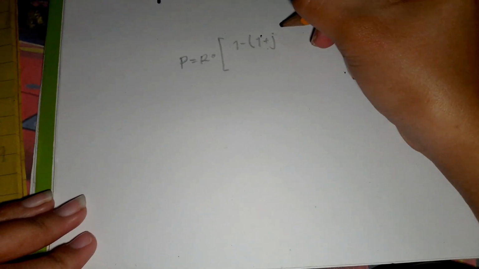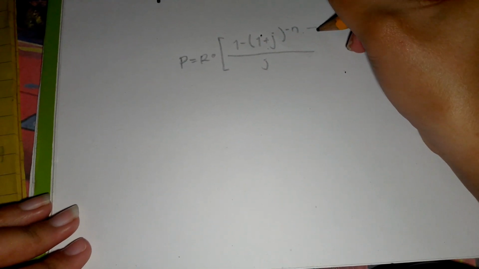Then let us know how much is the present value of Miss L's savings at the end of 6 months. The formula we'll be using is P equals R times 1 minus (1 plus J) raised to negative N over J. So this is the formula of present value.